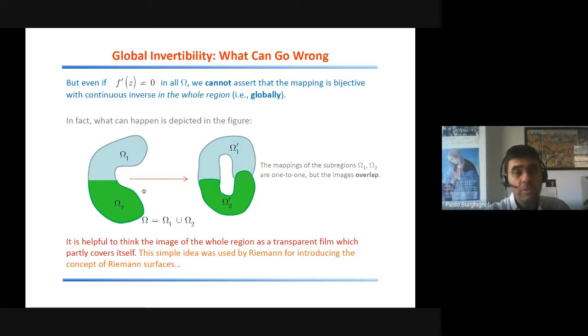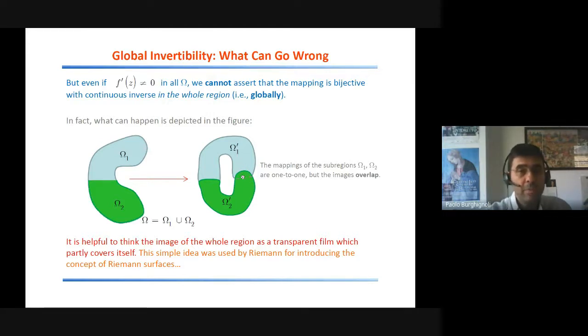So it is possible, for example, that the mapping from omega 1 to omega 1 prime is 1 to 1. And it is also possible that simultaneously the mapping from omega 2 to omega 2 prime is also 1 to 1. The problem is that the images, omega prime 1 and omega prime 2, may overlap.